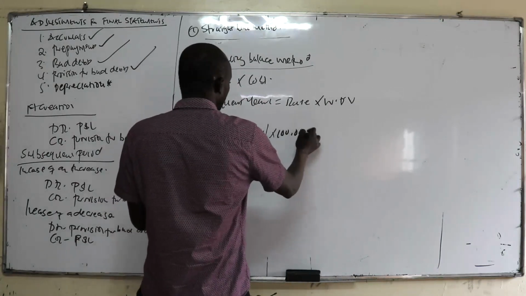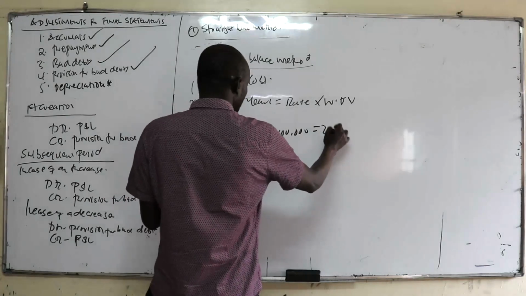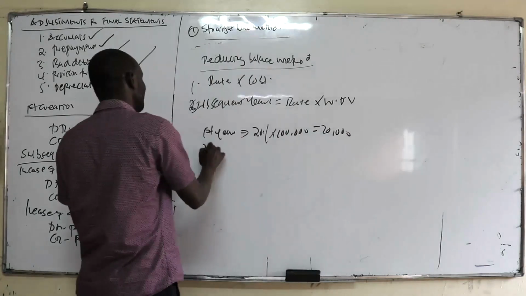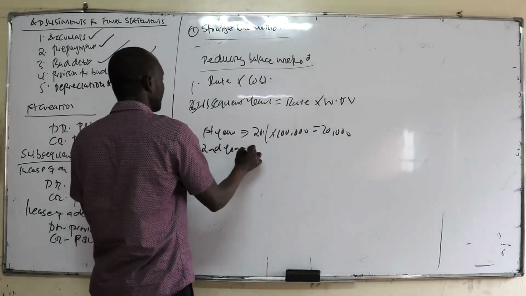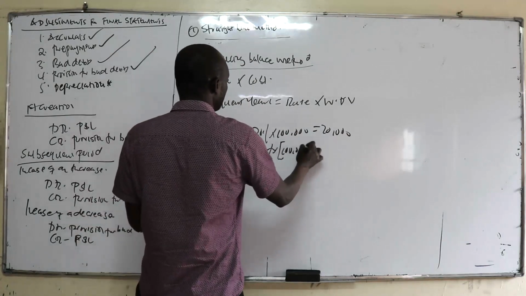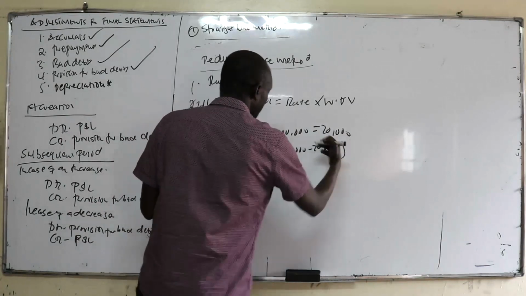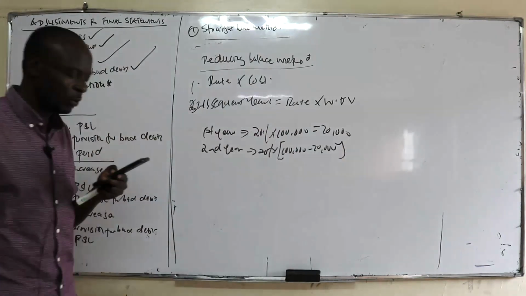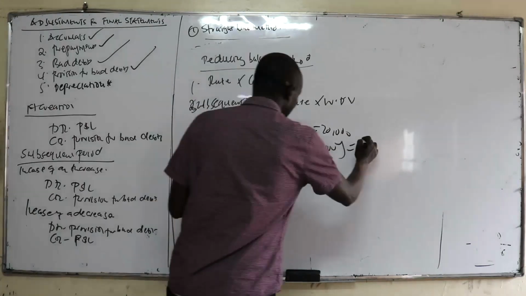This gives you 20,000. In the subsequent year, which is year 2, it's going to be 20%. Then you take 100,000 minus 20,000. That is the reduced value. And then you get 16,000. That is in the second year.